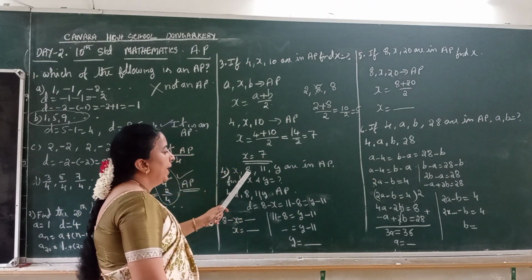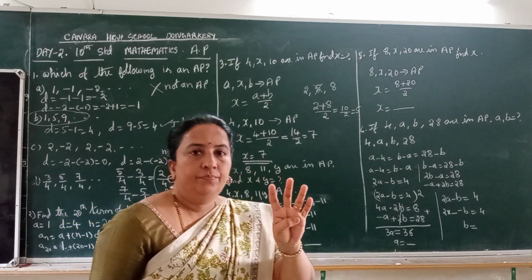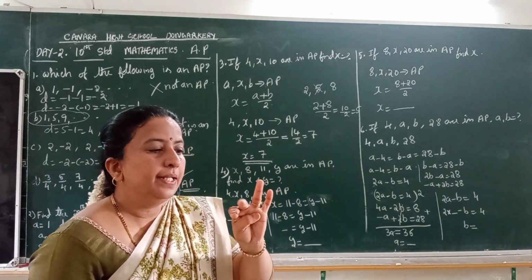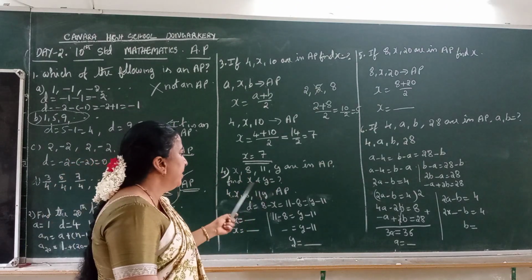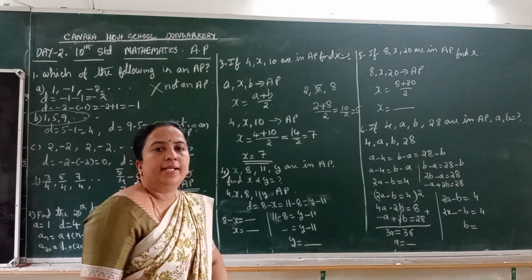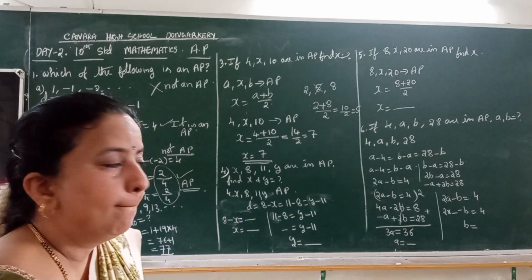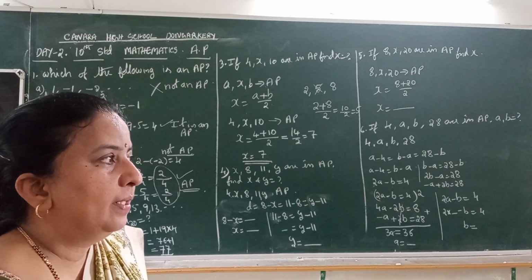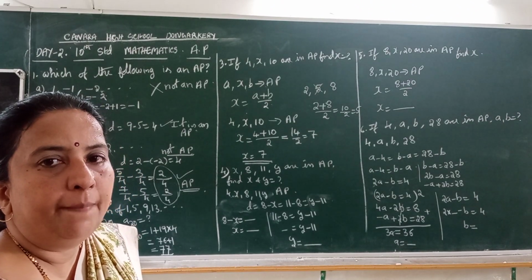x, 8, 11, y, 4 terms. x, 8, 11, y are in AP. Find the value of x and y. Copy. x, 8, 11, y are in AP.